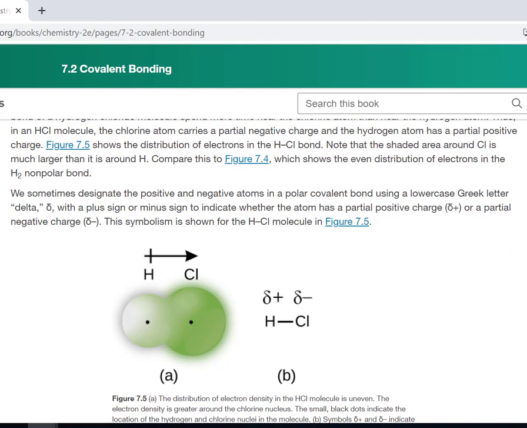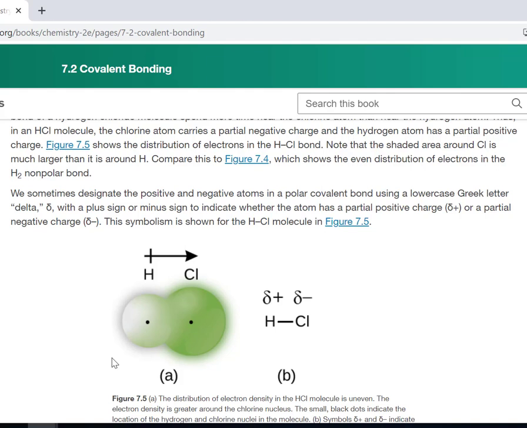If we want to draw a picture, we can show it as in this figure A, where we have a higher coloration for where the electrons are most likely to be, and a lesser coloration where they are less likely to be. And when we say the electrons, we're talking about the electrons that are shared between these atoms, not the core electrons.